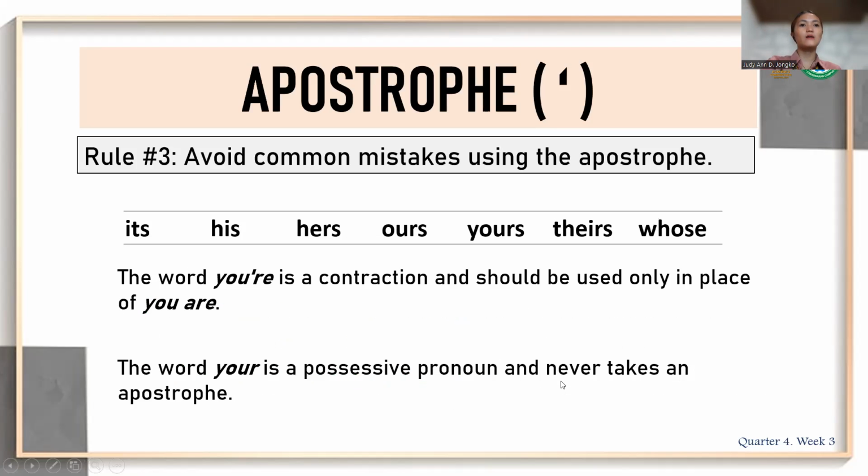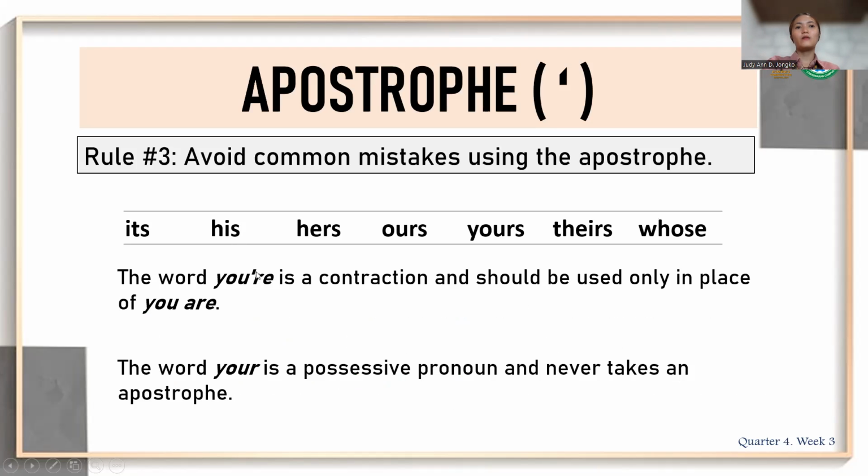Okay, next is the word you're, a contraction that should be used only as a replacement for you are. And the word your is a possessive pronoun and never takes an apostrophe. Most of the problems that I have observed are the common mistake of mixing up you're with apostrophe and your without apostrophe.